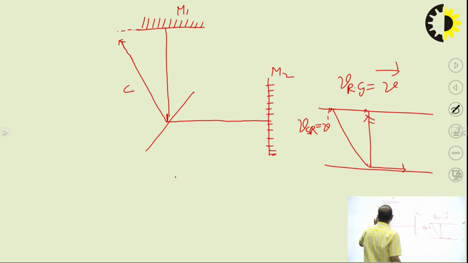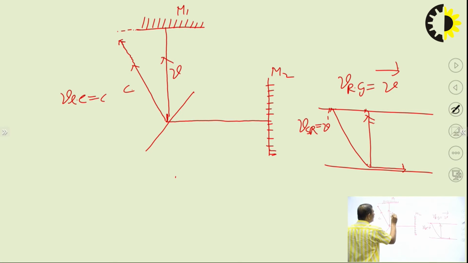Using the same concept here, let's say the velocity of light with respect to ether, which is equal to c, should be in this direction. Then only will we observe from the Earth that the velocity of light with respect to Earth is in a vertically upward direction. Let's say that velocity of light with respect to Earth is equal to some quantity x.